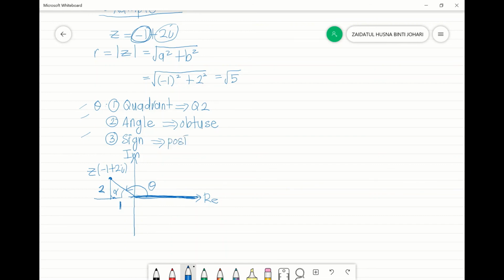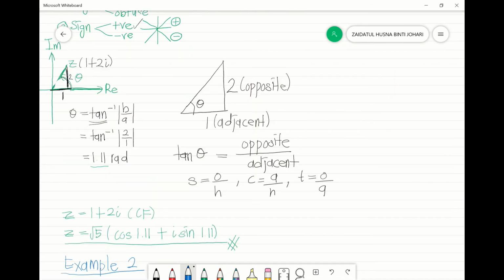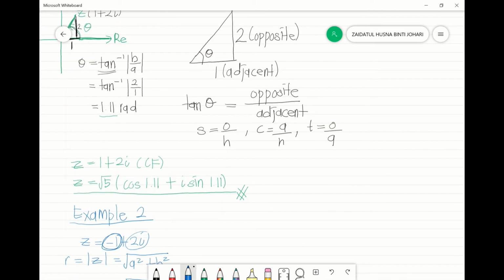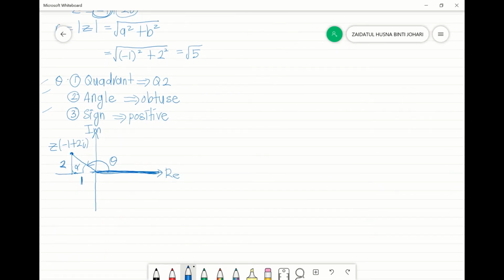So the formula for finding this argument is positive, in brackets pi minus alpha. Why pi? Because pi in degrees is 180 degrees. So 180 minus alpha will give us this theta.